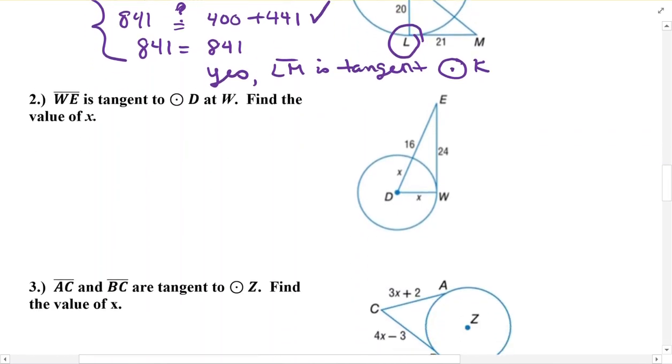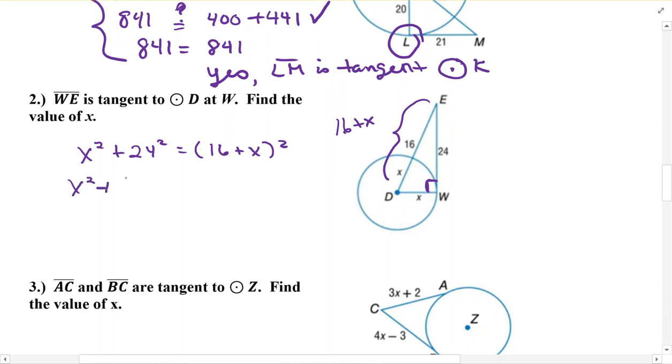And the next one, we're told that WE is tangent to circle D at W. So we know that this has to be perpendicular, because if it's tangent, it forms a right angle with the radius. So we know this whole side right here is 16 plus x. So to do the Pythagorean theorem, we would do x squared plus 24 squared equals 16 plus x squared. So x squared plus 576.